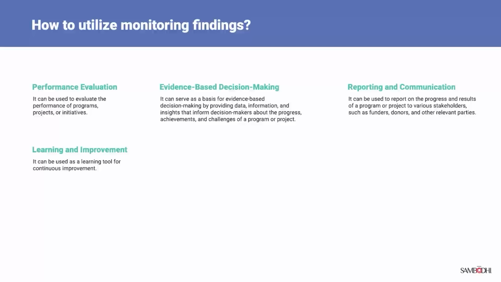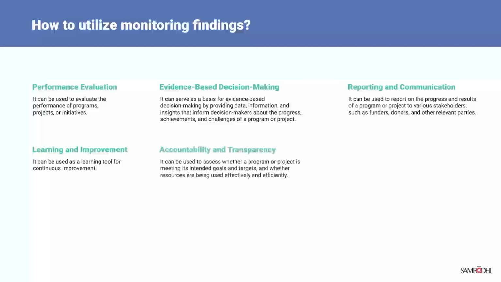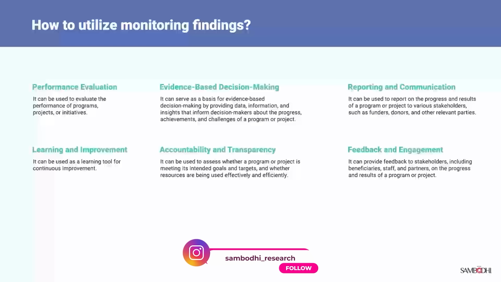Then, the findings can be used as a learning tool for continuous improvement. It can also be used to assess whether a program or project is meeting its intended goals and targets, and whether resources are being used effectively and efficiently. It can provide feedback to stakeholders, including beneficiaries, staff, and partners, on the progress and results of a program or project.